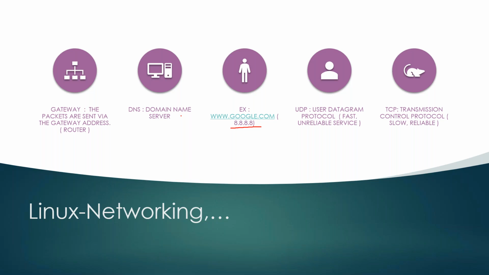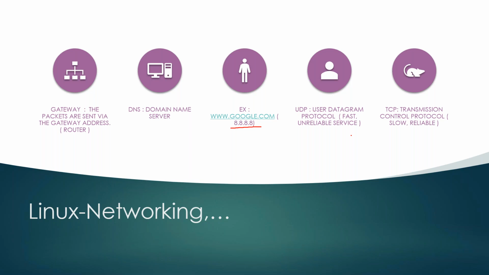Globally there are around 8 to 9 domain name servers where you can search for your domain, your URL details. So that resolution happens using the domain name server. That is the basic understanding that we need to have.